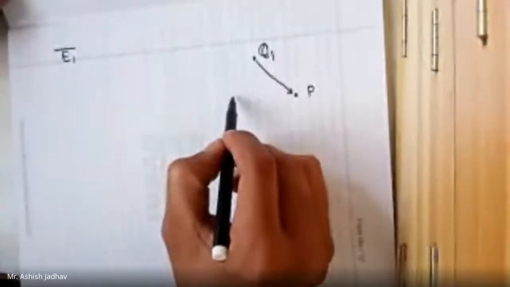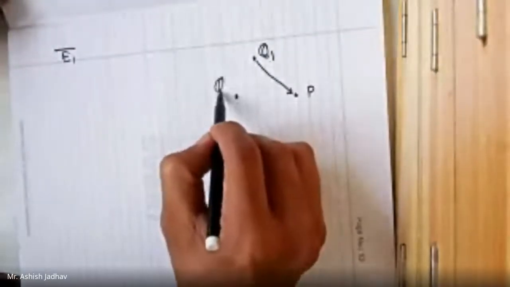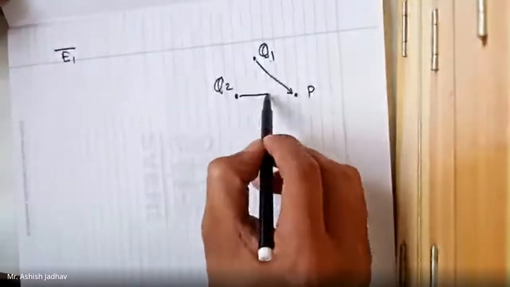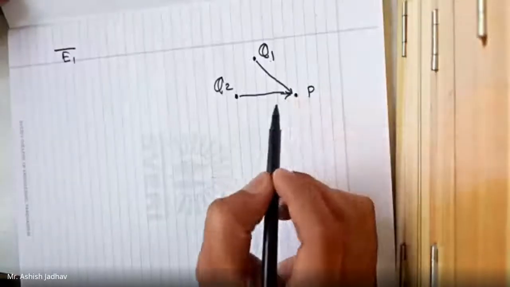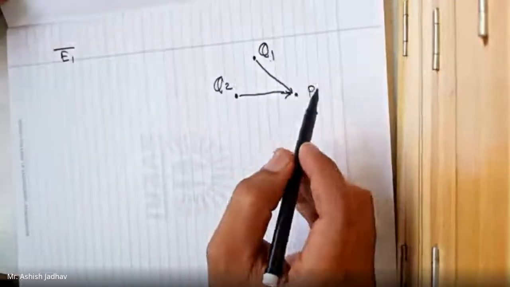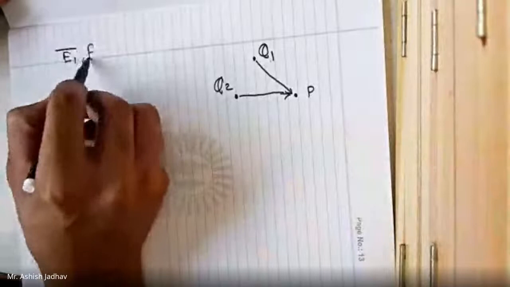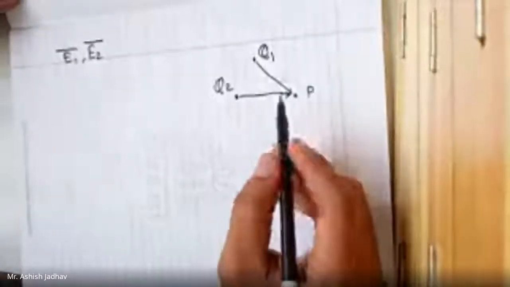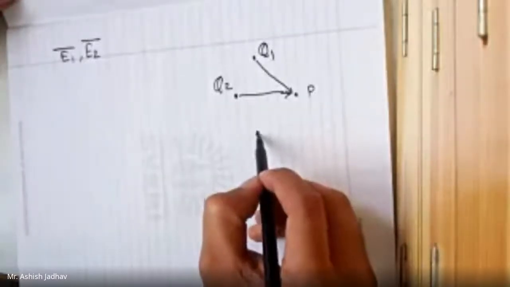Similarly, I will have some point charge somewhere here, let's say Q2, and the electric field intensity produced at P because of Q2, let's say it is E2 bar. Then we have another point charge, say Q3.